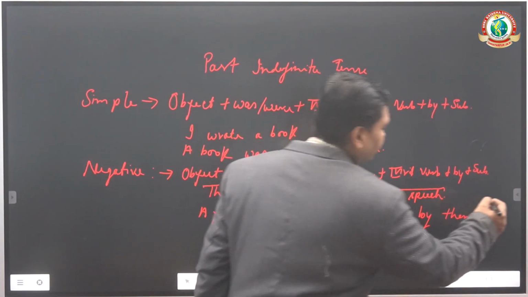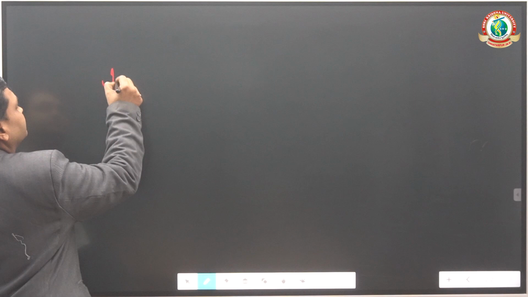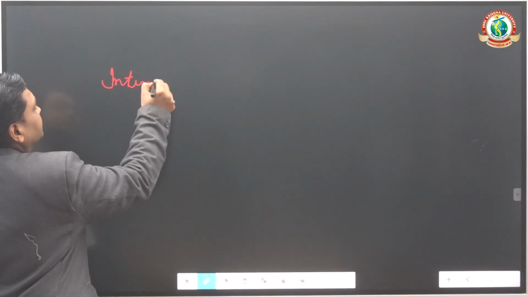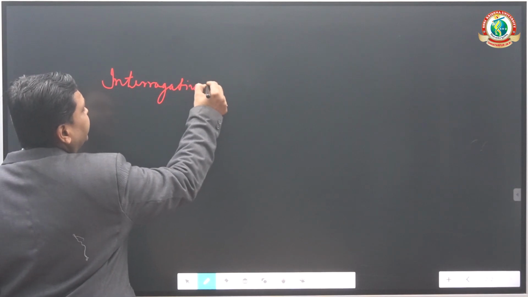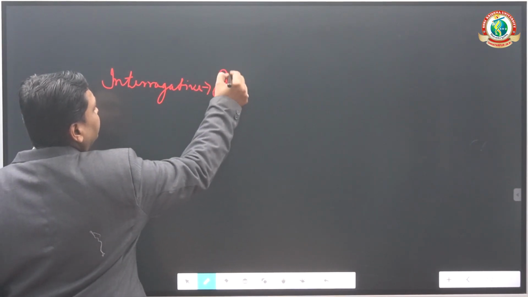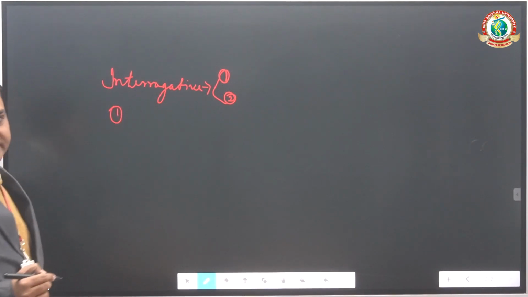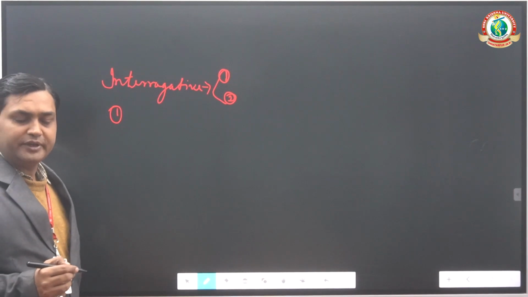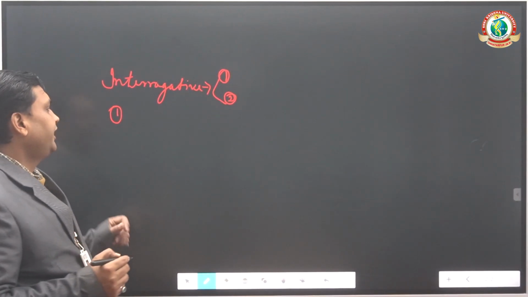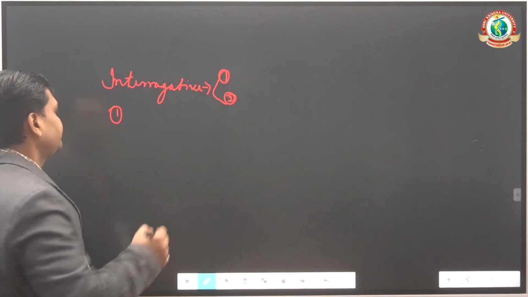We will go ahead. Past indefinite: simple, negative, then interrogative. Interrogative means question. There are two types of interrogative. First, the sentence is in interrogative form and begins with did.